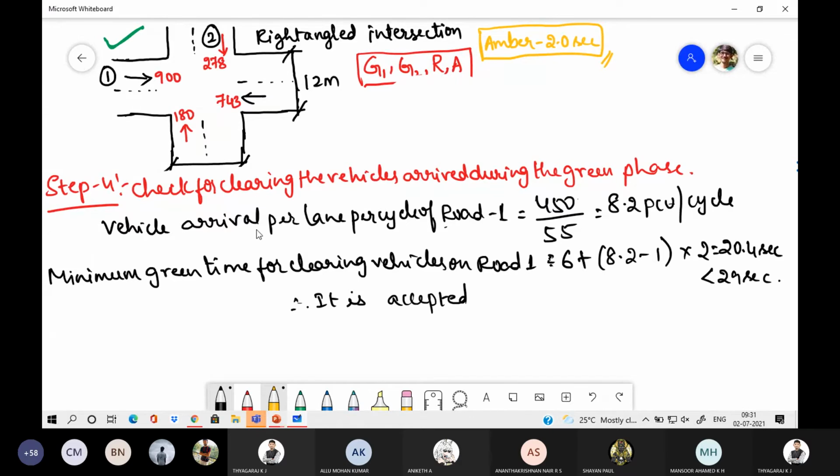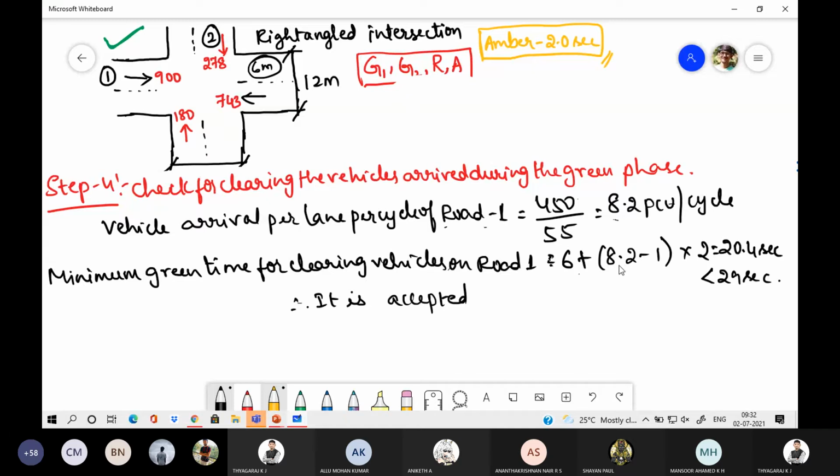So the vehicle arrival per lane per cycle of road 1 is 8.2. That is whatever the design traffic we are getting for road 1 divided by the total signal time. Then the minimum green time for clearing the vehicles on road 1. So we have got a 12-meter road width. So in that 6 meters we are going to consider.